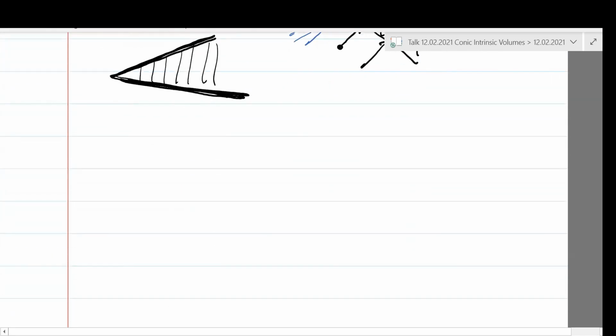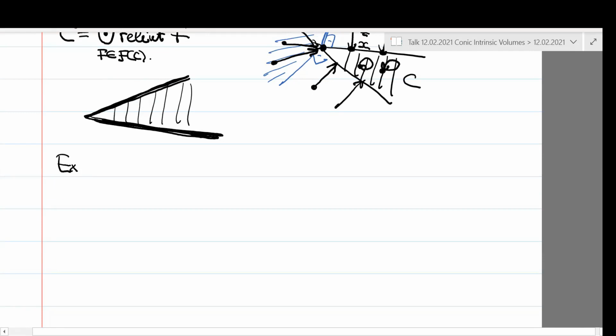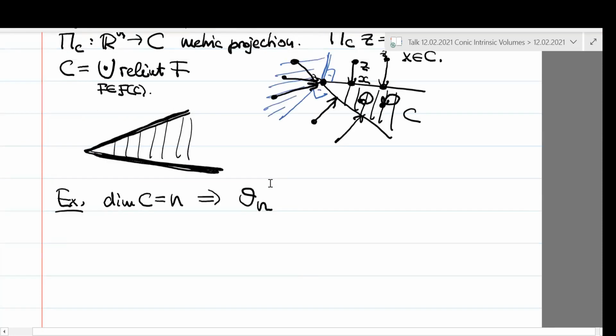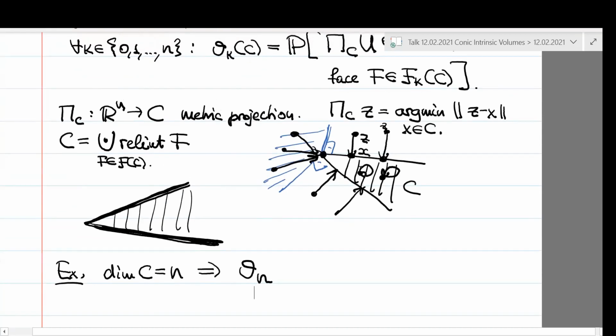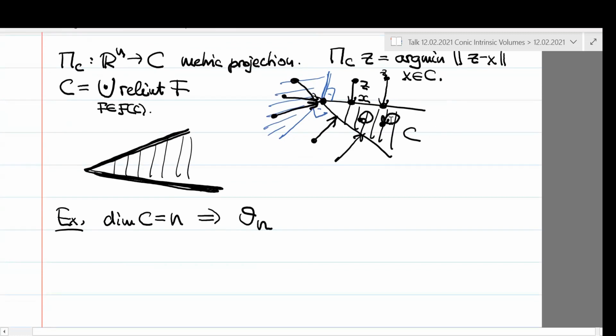Just to mention one simple example, if the cone is n-dimensional, so its dimension is full, then the nth conic intrinsic volume is the probability that a random direction is projected to the interior of the cone, which means it should be contained in the cone.